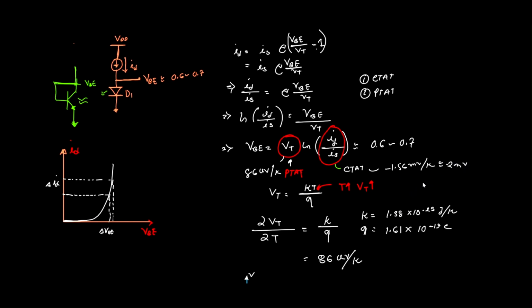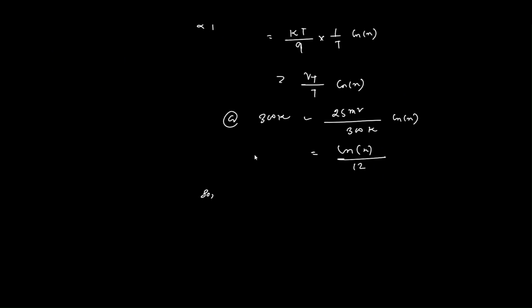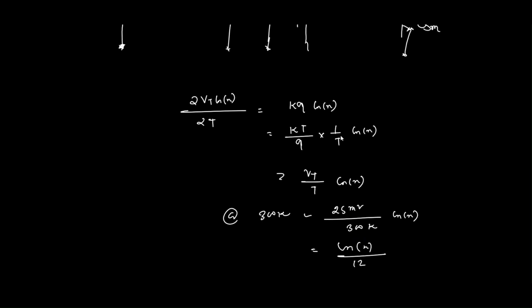So if we want to take positive 1.56 millivolt, or let's say positive 2 millivolt slope for this PTAT, how much M do we need? By the way, this one is M, the number of BJT.